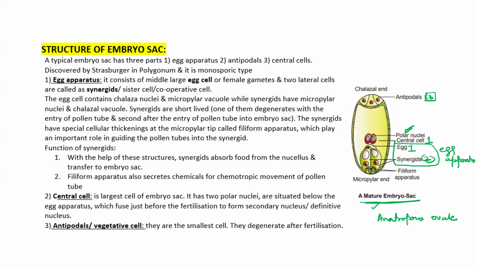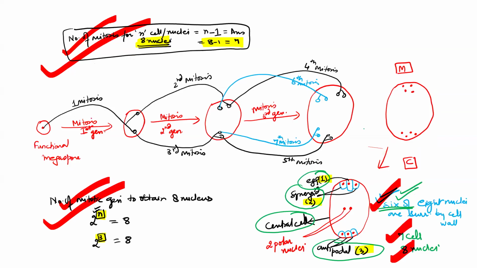If you remember, I explained the polygonum type in which the micropyle is up. Micropyle is up means the egg apparatus should be towards the micropyle side. The polar nuclei are present below the egg apparatus, so you are showing them below the egg apparatus.